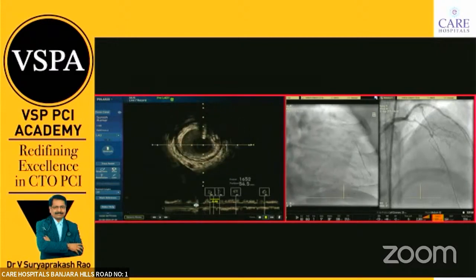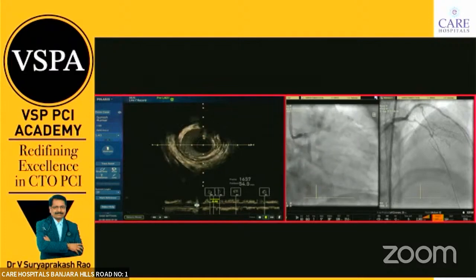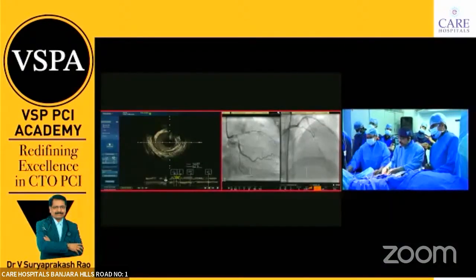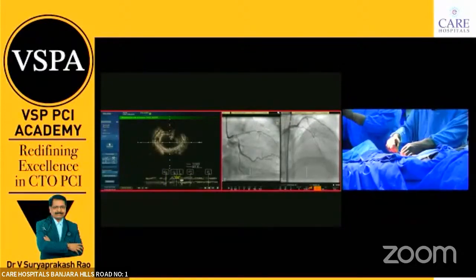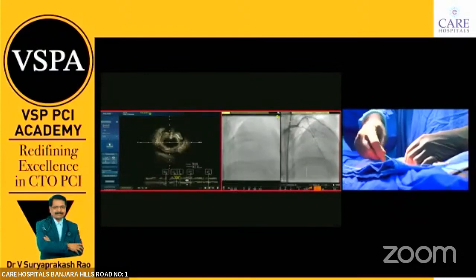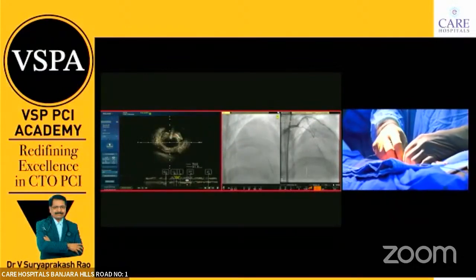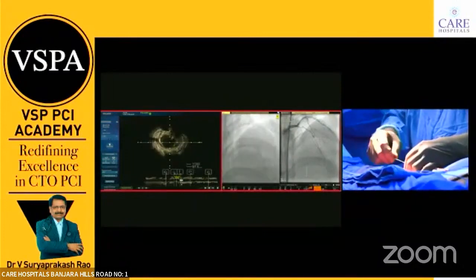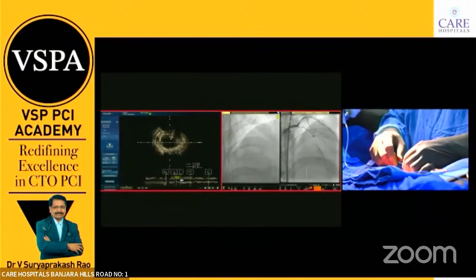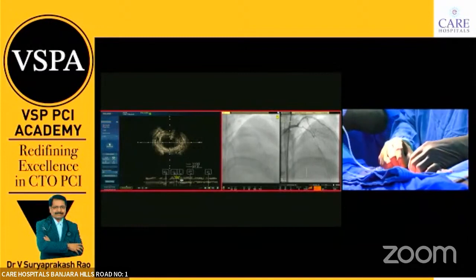First dilate, sir; dissection will not come below. 2 millimeter, 4 atmospheres, sir. Don't go more than that. Come cranial. Because distally it is not filling retrograde, that's why I took it out. Only 4 atmospheres.